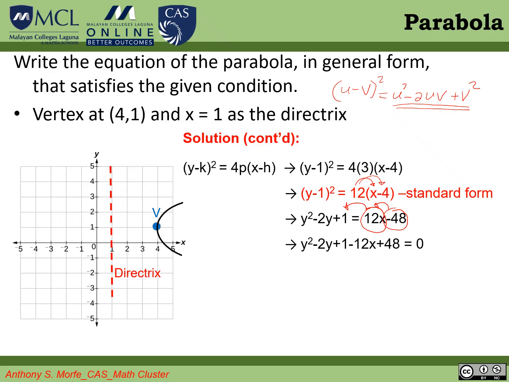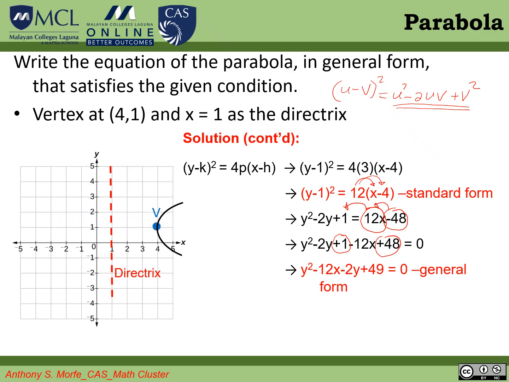And then on the left side, we have to combine similar terms. So we have here the constants, positive 1 and positive 48, so we can combine them. And after combining them, we have this result. So this is now the resulting general form. From the standard form, we transformed this into general form.